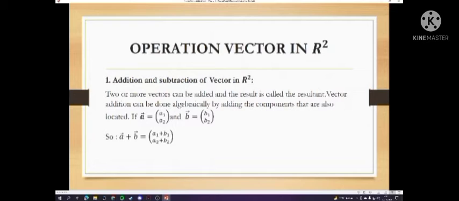If vector A equals in the bracket A1, A2, and vector B equals in the bracket B1, B2, so vector A plus vector B equals in the bracket A1 plus B1, A2 plus B2.